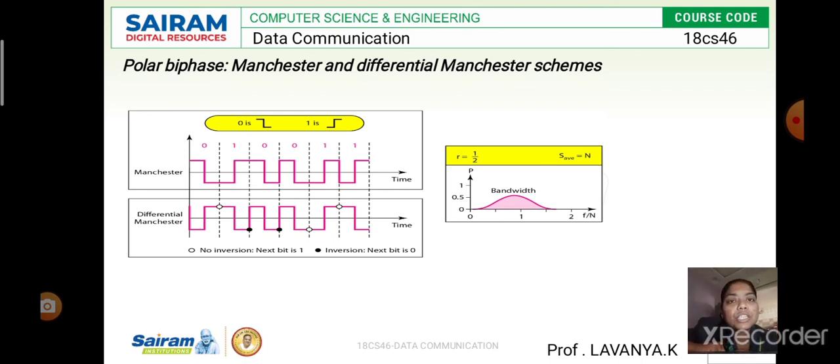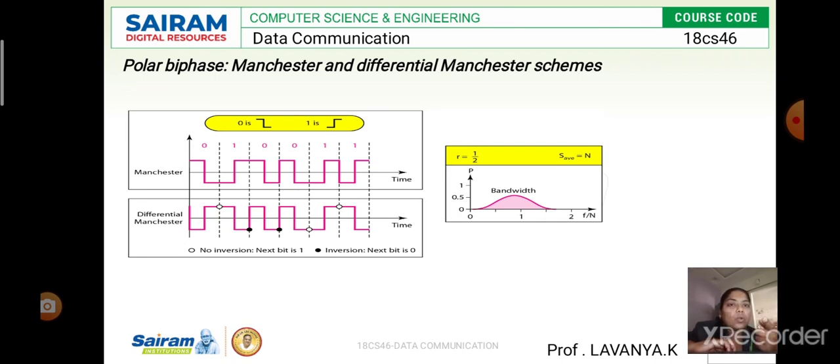But in differential Manchester, if it is 0, it is the reverse, that is inverse Z, meaning low to high. If it is 1, that is high to low.